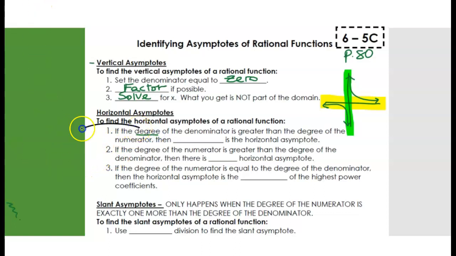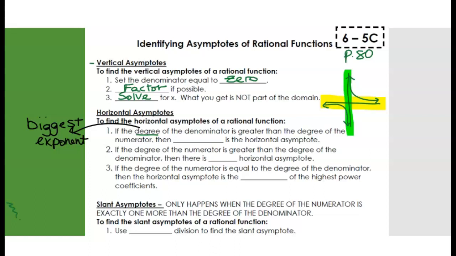Yeah, it's specifically what exponent? It's the biggest exponent in a function. That's the degree of the function.